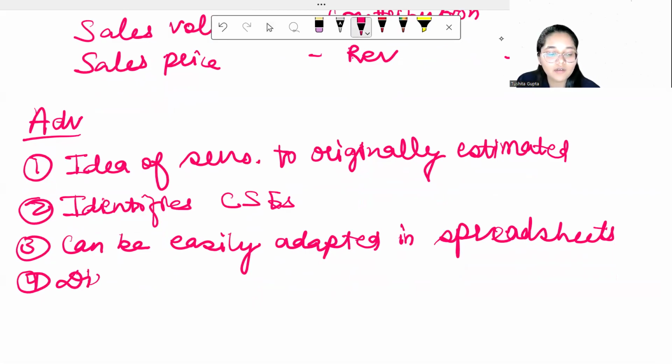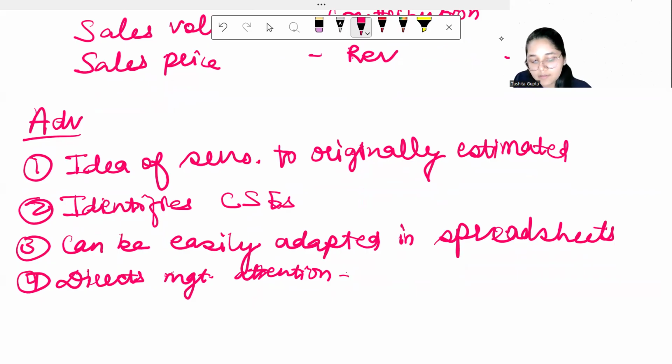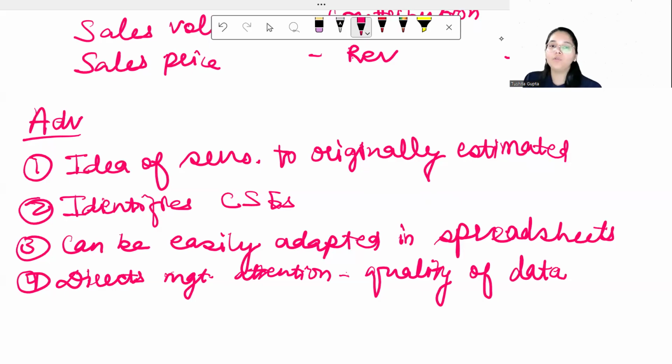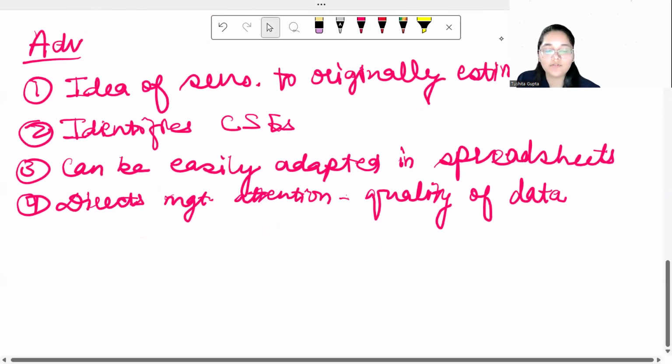Whatever data they are using, if I'm finding sensitivity to be very high, the management is going to think twice about the numbers: what is the quality, are these reliable or not, and do we need to reassess any of the numbers? Quality of data. So these are a few advantages of doing a sensitivity analysis.